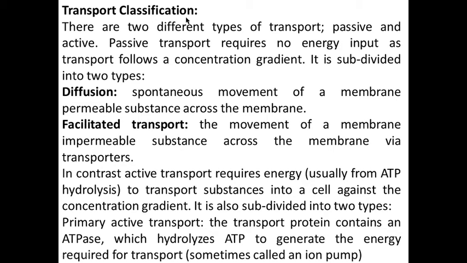Transport classification. There are two different types of transport, passive and active transport. Passive transport requires no energy input as transport follows a concentration gradient. It is subdivided into two types.